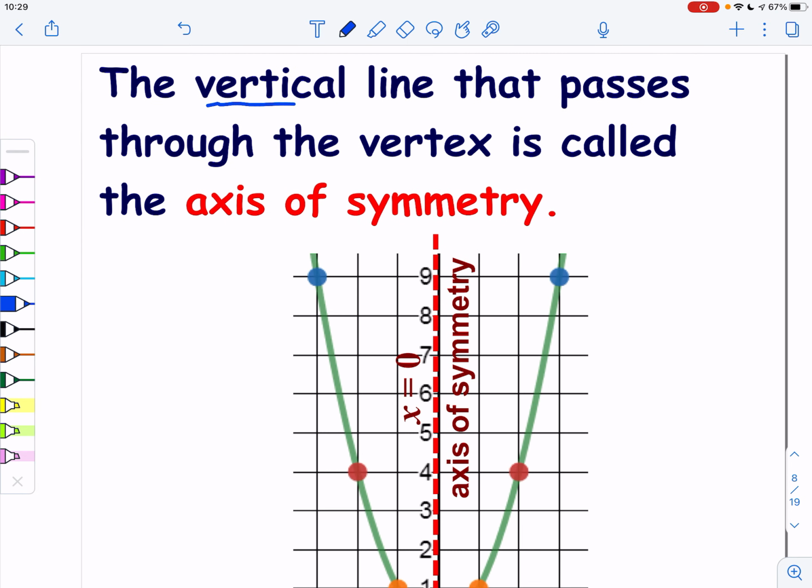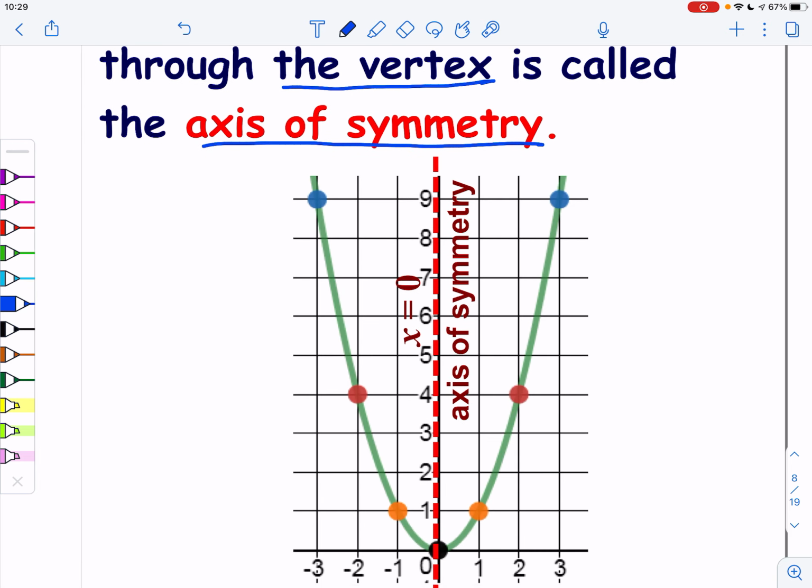The vertical line that passes through the vertex is called the axis of symmetry. So here you can see your axis of symmetry running through the vertex. And in this case, the equation of the axis of symmetry is x equals 0, meaning that the axis of symmetry passes through the x-axis at 0.